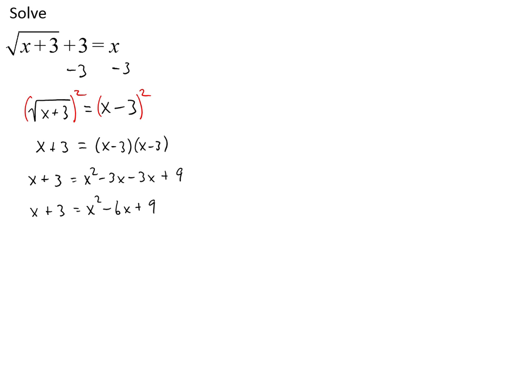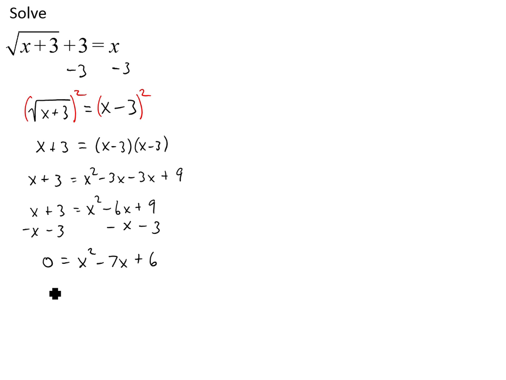In order to solve this, whether that's going to be by factoring or by the quadratic formula, we need to have a 0 on one side. So we're going to go ahead and subtract x from both sides and subtract 3 from both sides. That way we get a 0 here equals x squared minus 7x plus 6.